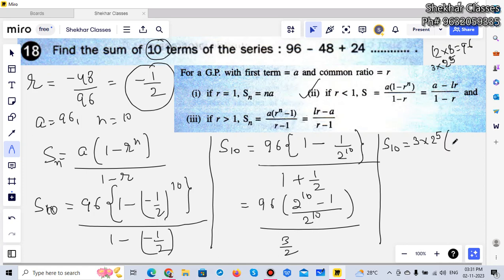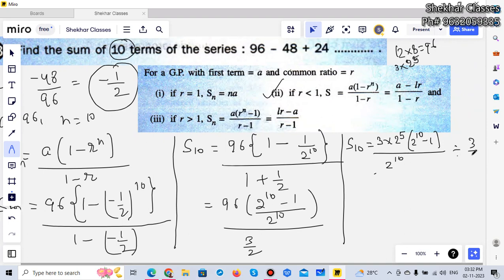So we get 3 into 2 to the power 5 minus 10, times 2 to the power 10 minus 1, into 2 by 3.